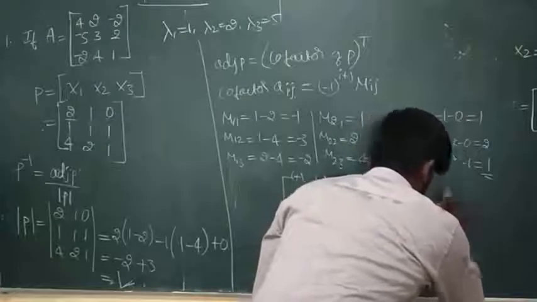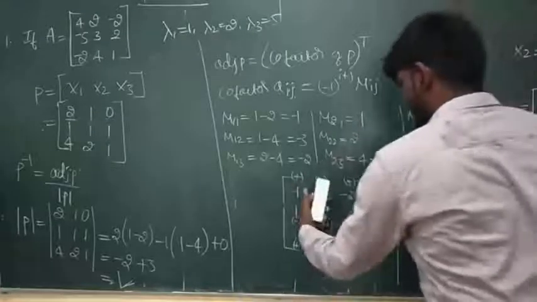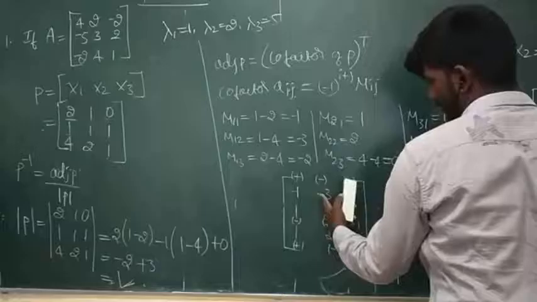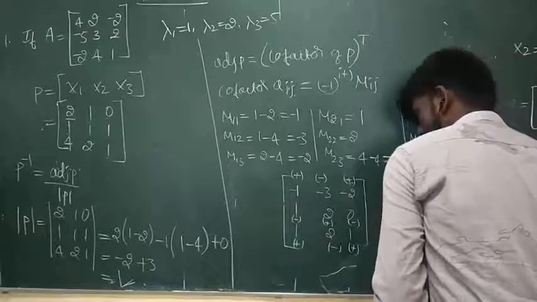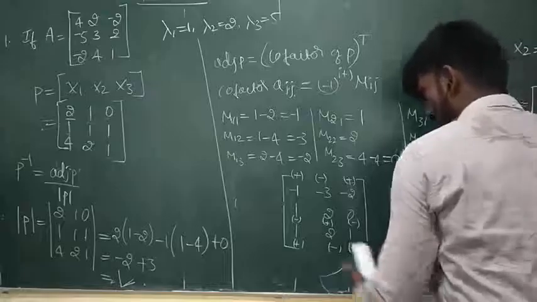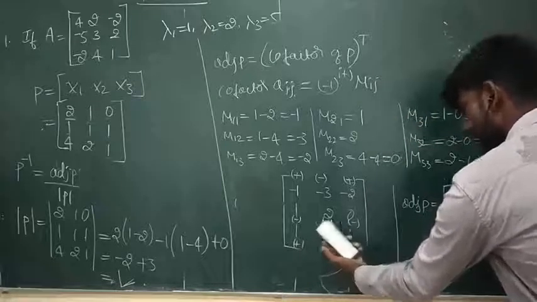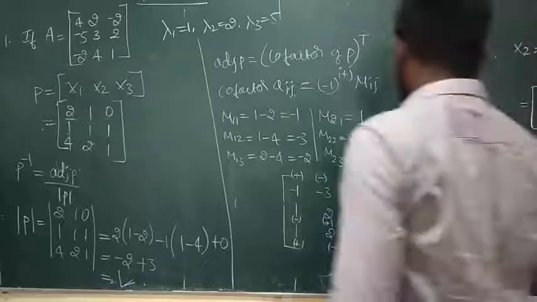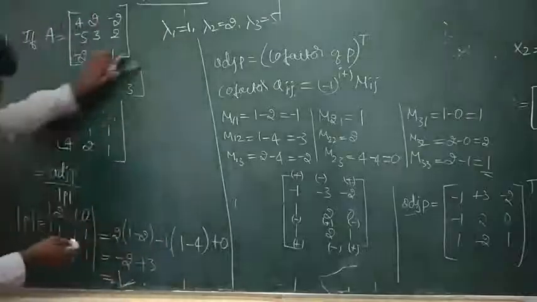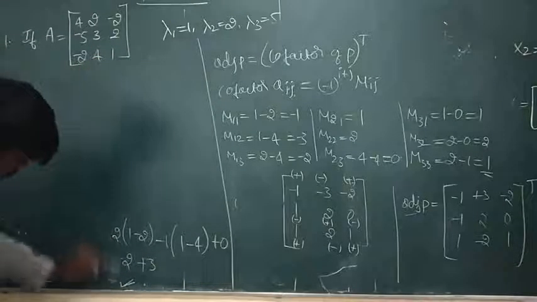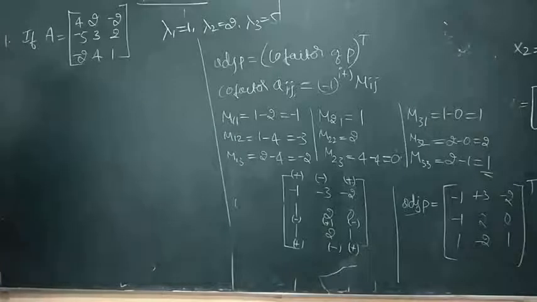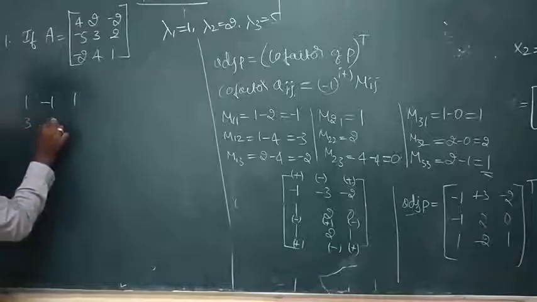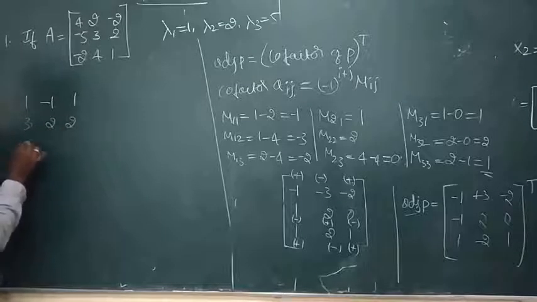We get the cofactor matrix and the transpose of this matrix gives the adjoint of P. Therefore, the adjoint of P is 1, minus 1, 1 and 3, 2, 2, minus 2, 0, 1.